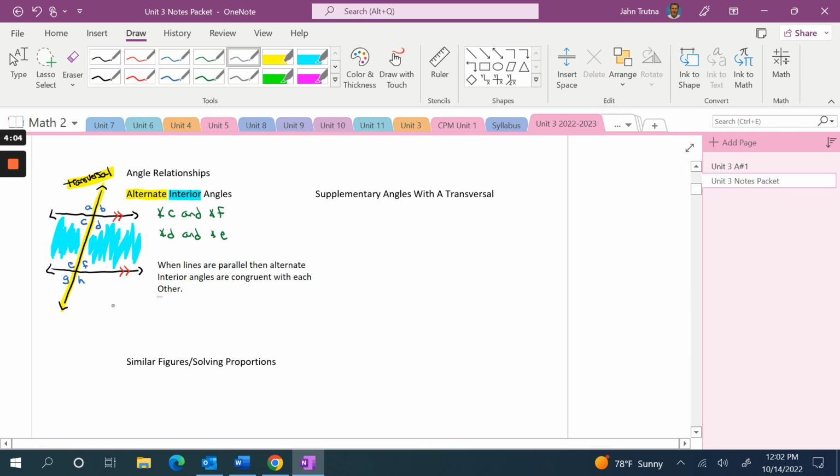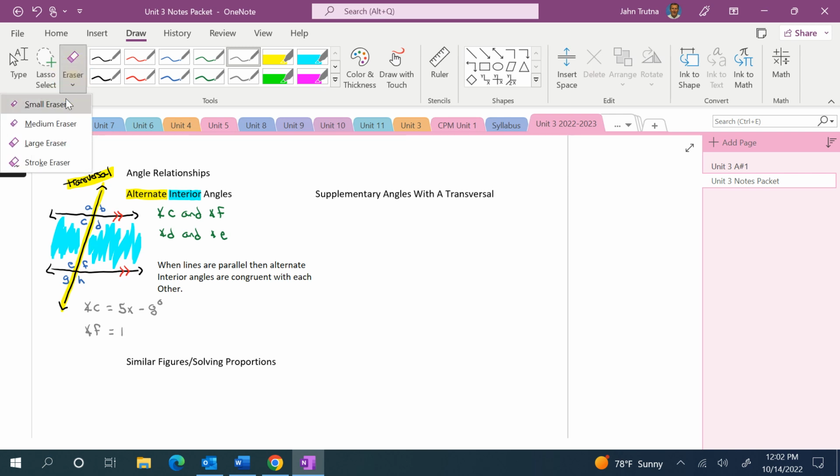So let's say that angle C is equal to the algebraic expression 5x minus 8 degrees. And let's say angle F is equal to just the number 100.